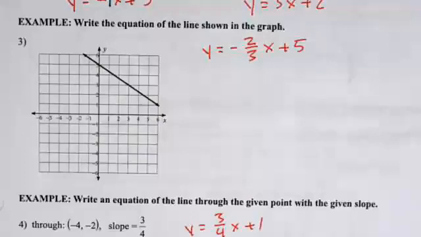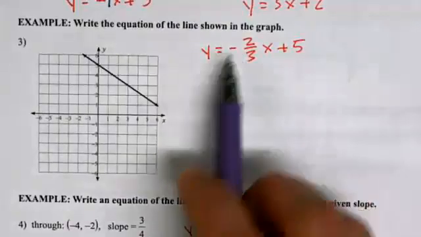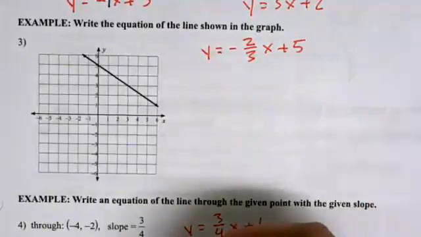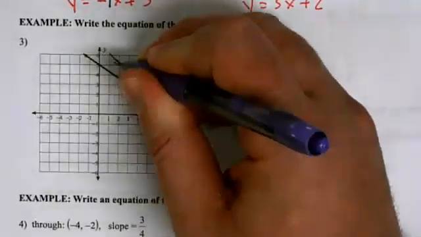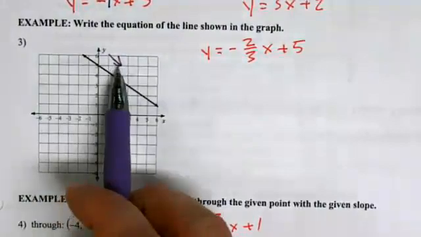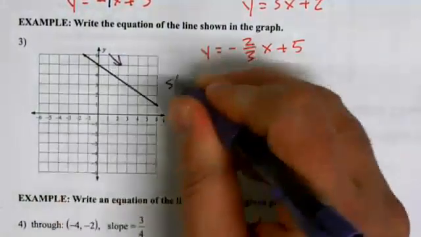All right, number 3. I have forgotten the negative on my slope so many times that I've trained myself. The first thing that I do when I see a problem is I look at whether the slope is positive or negative. I'll sometimes draw an arrow going from left to right, and I can see my arrows going downhill. That tells me my slope has to be negative.